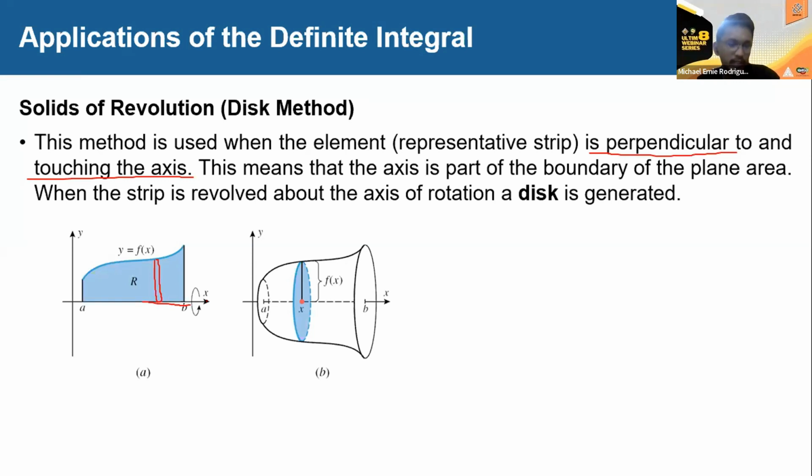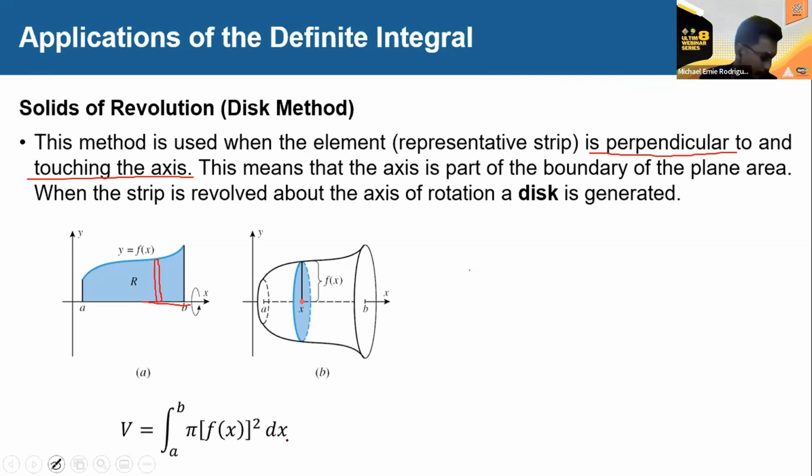We revolve it around the x-axis, and the strip touches the x-axis, right? So we generate a disk. The formula is based on the formula from solid mensuration. So we have V equals the integral of pi times f of x squared dx.